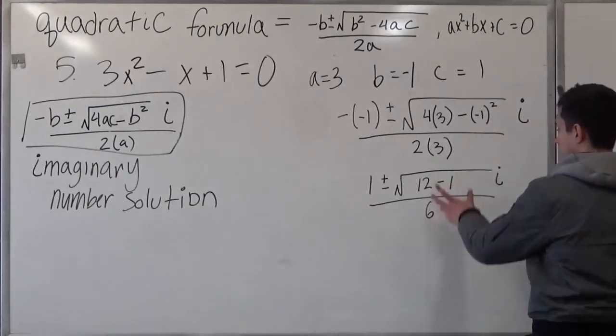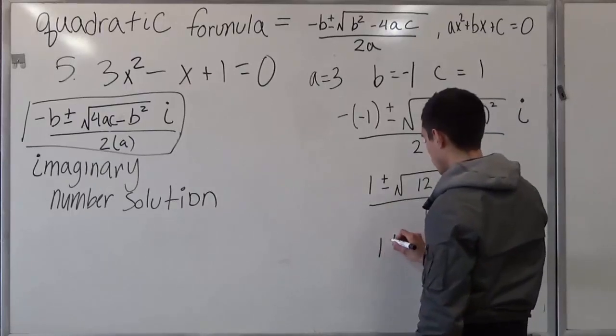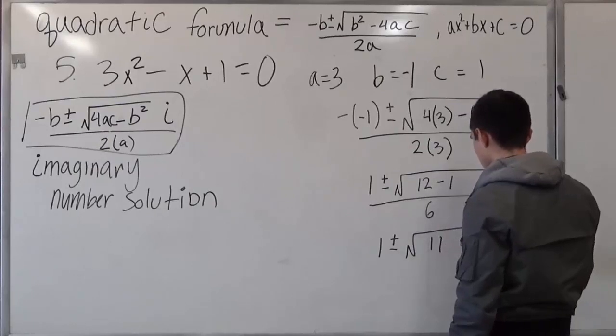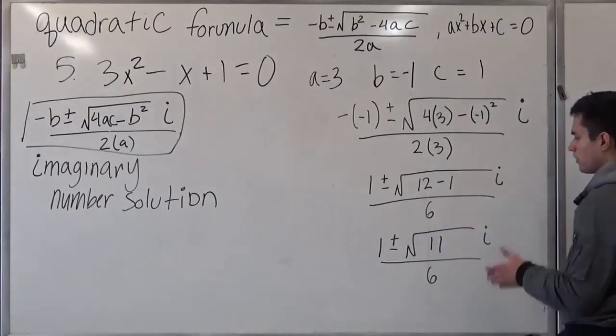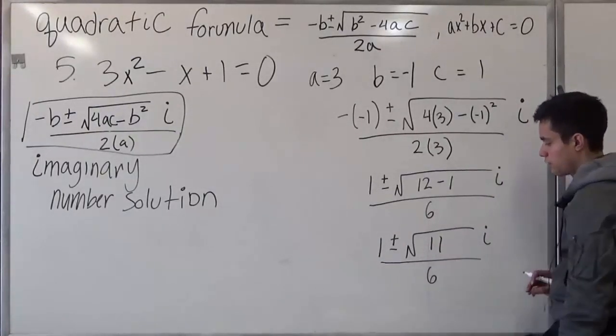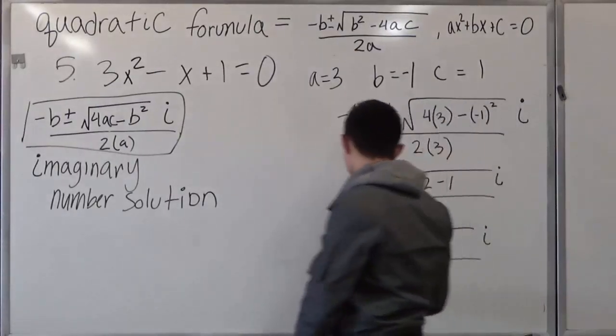So now this is positive. So all we have to do is solve. 1 plus or minus radical 11 times i over 6. As we said earlier, we always try to simplify this radical, but this radical cannot be further simplified. So our solution would just stay this way.